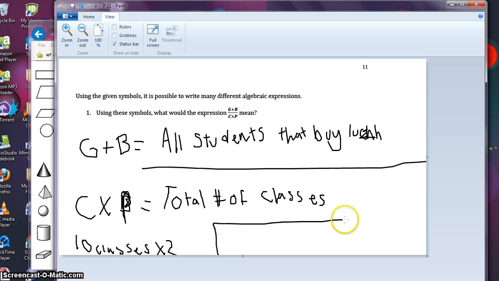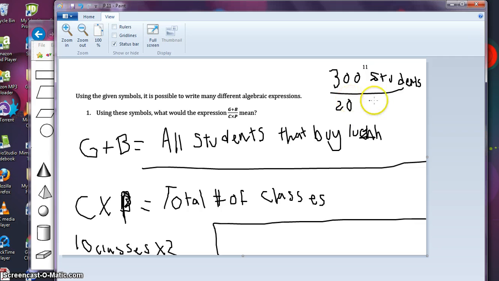And if you think about it, well, let's say we found out that there are 300 students that buy lunch. All right? And we figured that out by adding 300 boys and girls. And then we found out by multiplying 10 classes per lunch period times 2 lunch periods that there are 20 classes altogether.